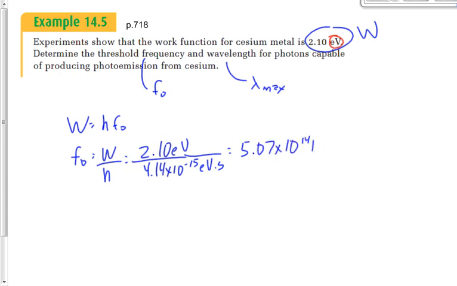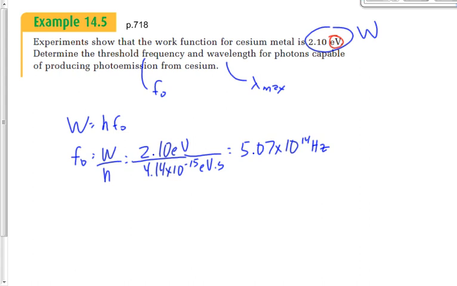Okay, thank you. And what if I asked you what kind of EMR that was? Infrared, visible light, ultraviolet? Forget about the color. This is going to be visible light, right? Because it's in that range of 4 to 7.5 times 10 to the 14. That wasn't asked here, but if it was, you know it was visible light.